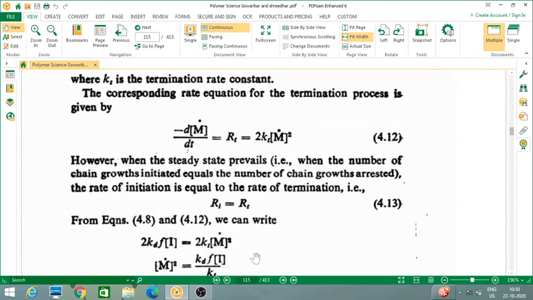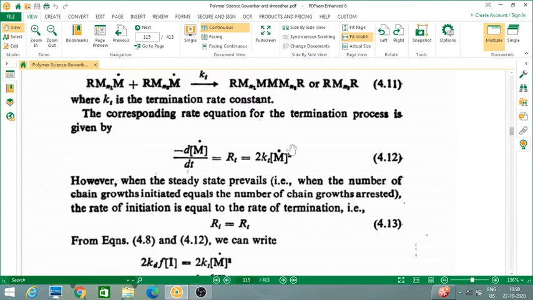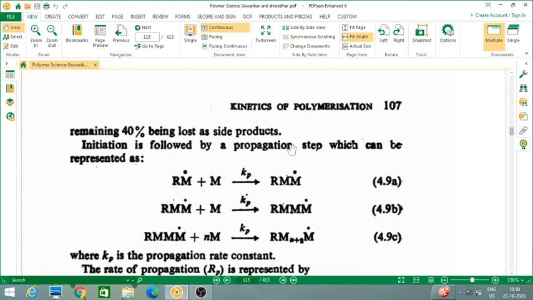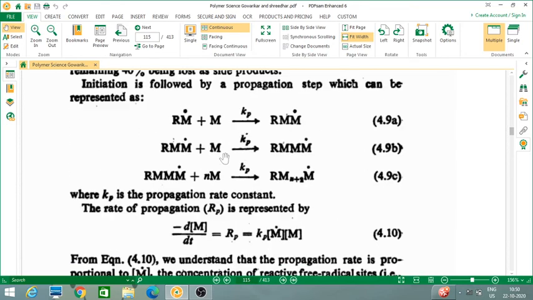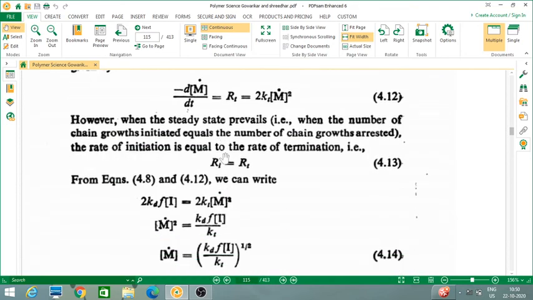Therefore, from equation 4.12 and 4.8, equating them, we get 2 F Kdi equals 2 Kt M star squared.